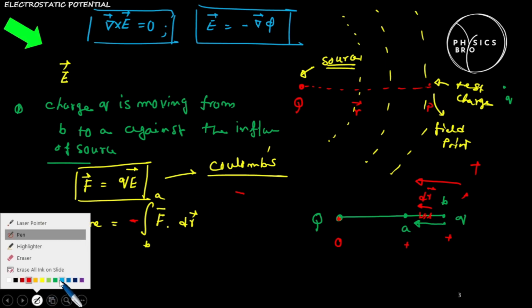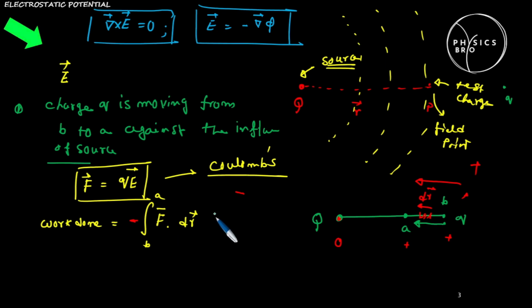So if that is our work done, can we write it with Coulomb's law? We can write it as minus q into the integration from B to A of F dot dr, meaning qE dot dr. Since q is a fixed one, we can write it like this.